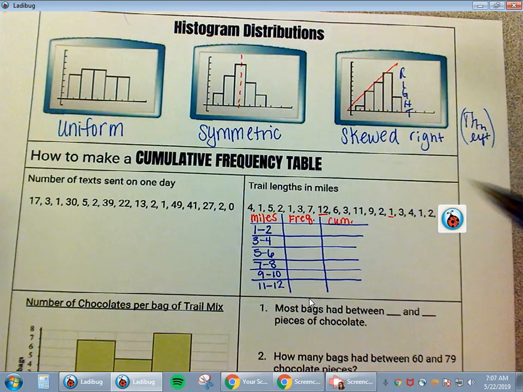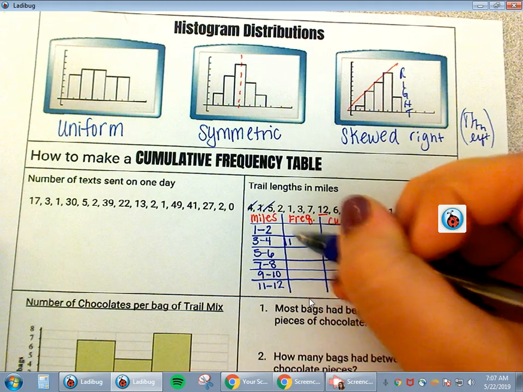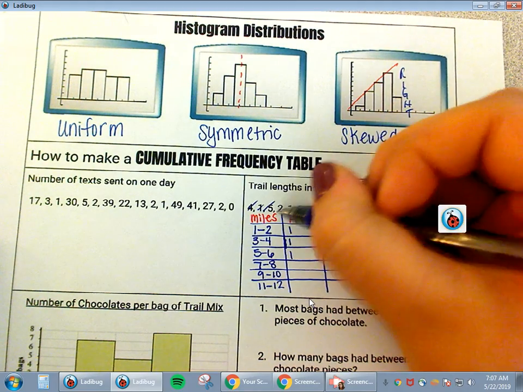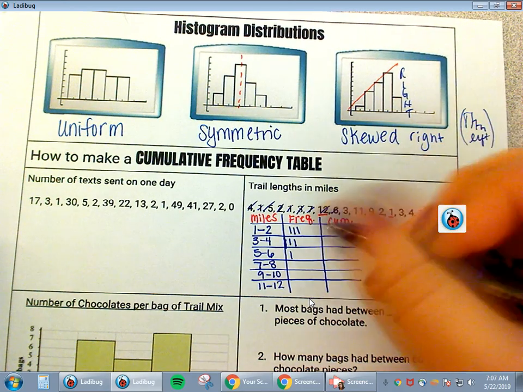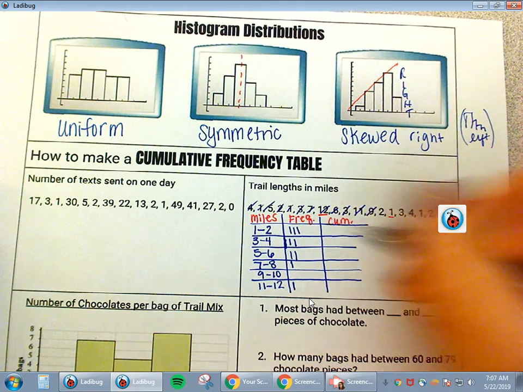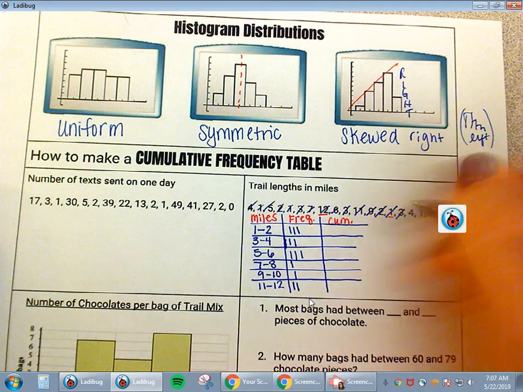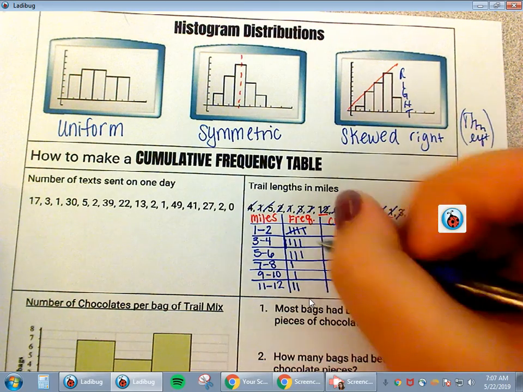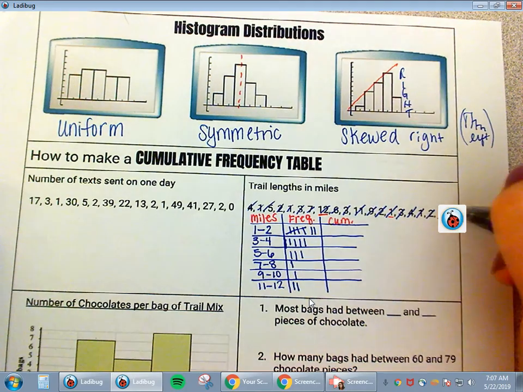So let's see, from 1 to 2, okay, so 4, 1, 5, 2, 1, 3, 7, 1, 2, 6, 6, 1, 1, 9, 2, 1, 3, 4, 1, 2, 5, 3.